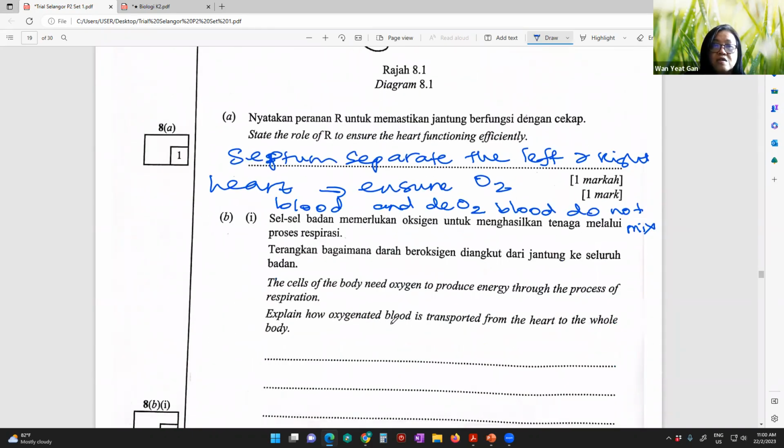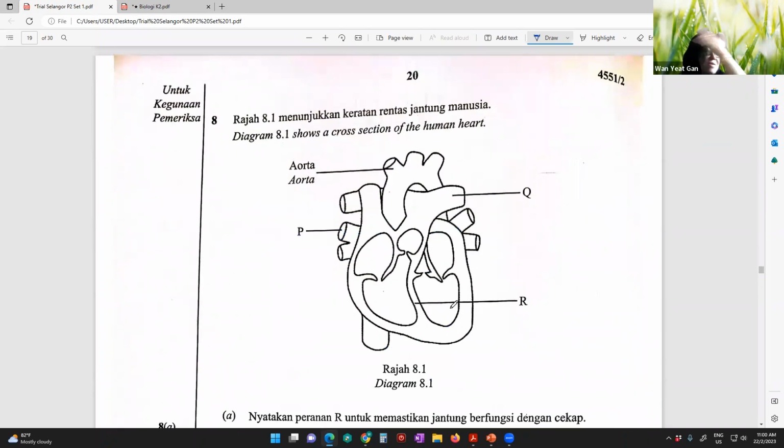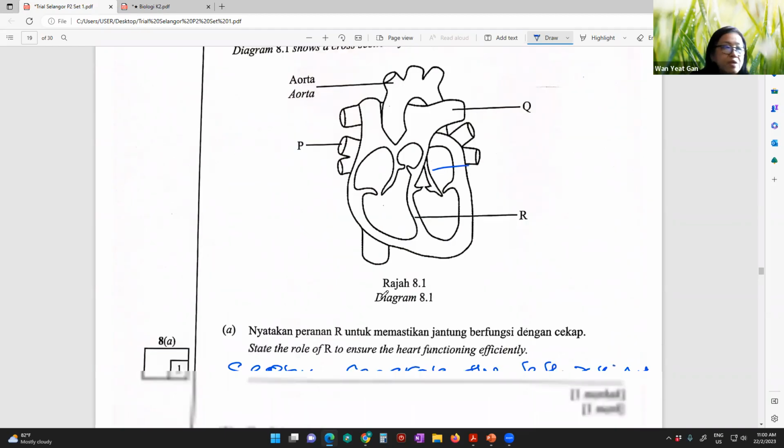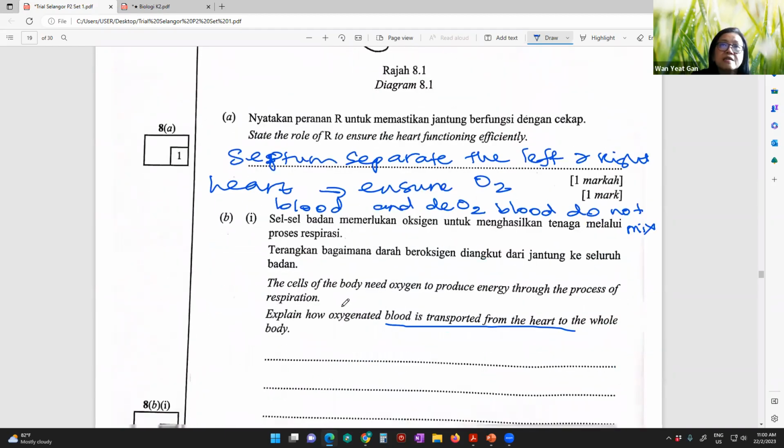Explain how oxygenated blood is transferred from the heart to the whole body. Okay, so here, from the heart to the whole body. Now you know that the pulmonary vein is the only vein that transports oxygenated blood from the lung to the left atrium. Let me write first the pulmonary vein, which is the P in this diagram here.